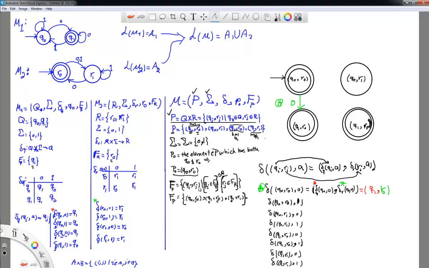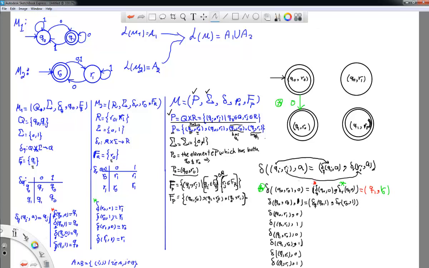Now let's do the second one for the transition over 1. So according to this function, I take the delta of Q of the first state on the symbol, and that creates my first state. So it's going to be delta sub Q of the first state, Q sub 0, over the symbol 1, comma, delta sub R of the second state, R sub 0, and symbol 1.